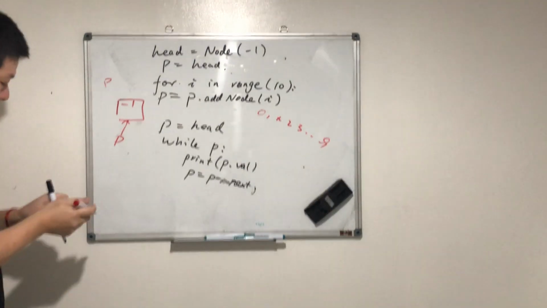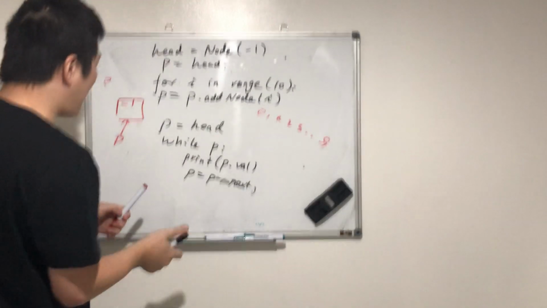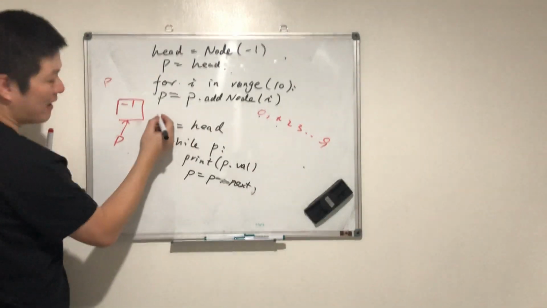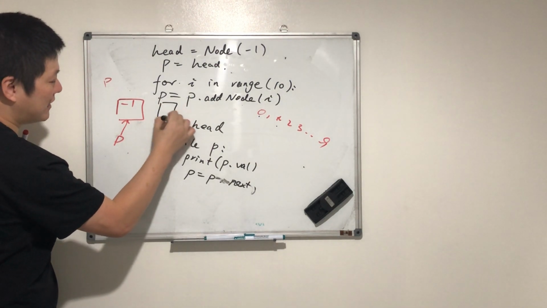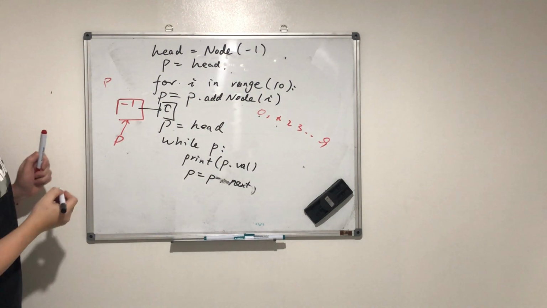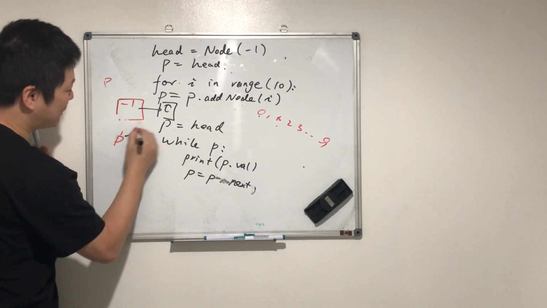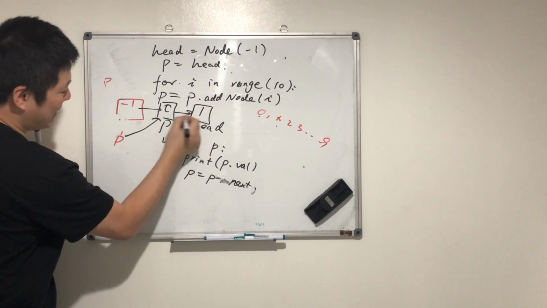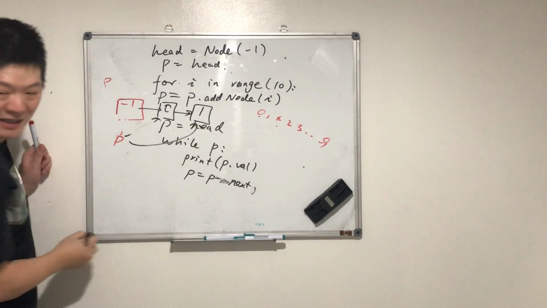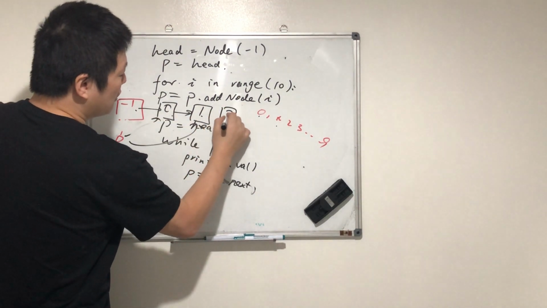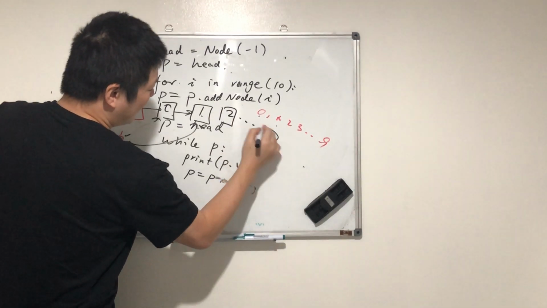Every time I create a node with value 0, 1, 2, 3 and put it here, P adds a link to it, and then P moves to here. Then I create node 1 and link to it, and now P moves to here. So eventually there will be a link -1, 0, 1, 2, 3, 4, 5, to 9.